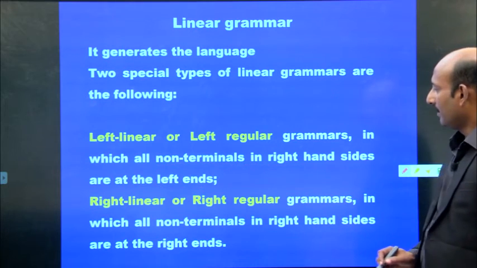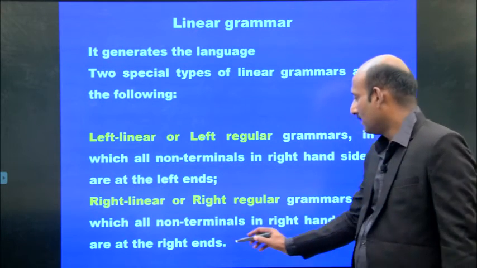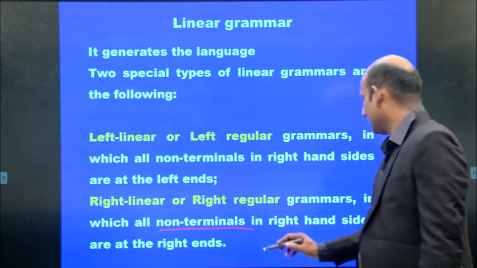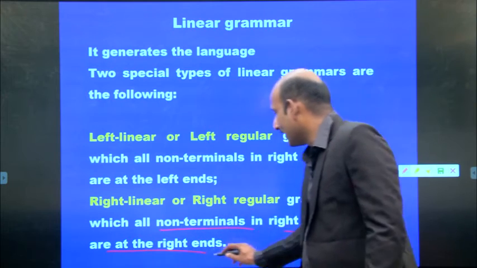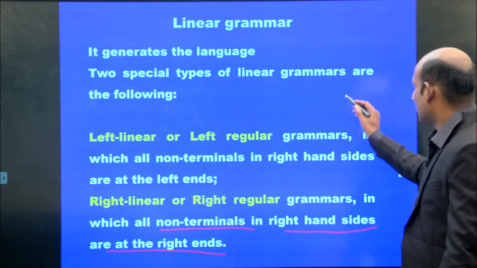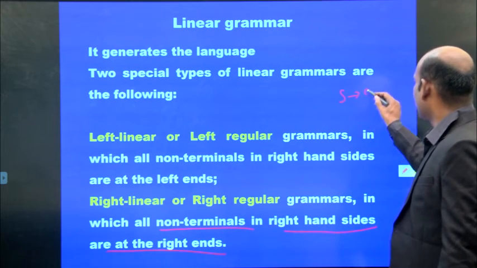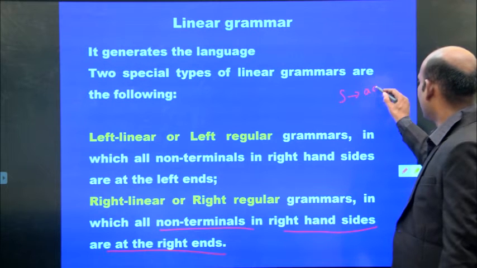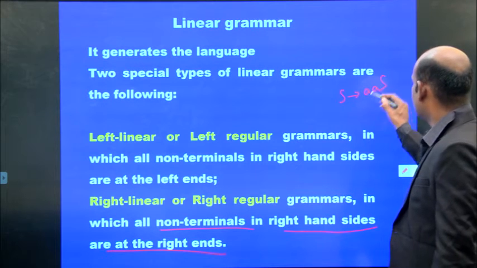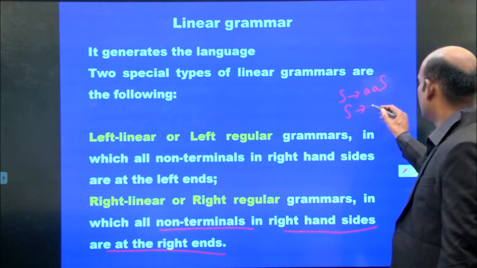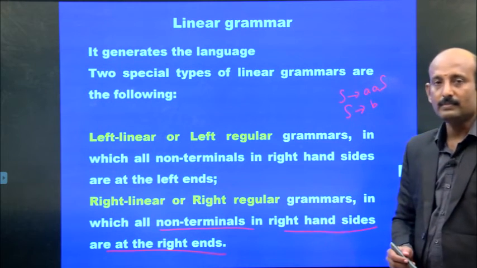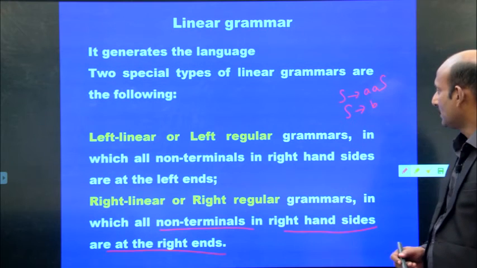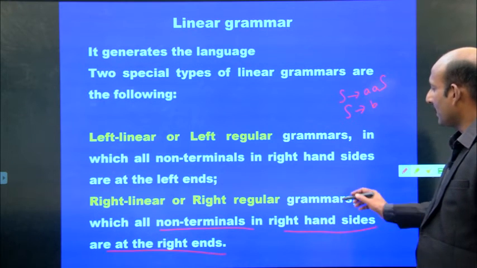Similarly, if we have a grammar where all non-terminals in the right hand sides are at the right ends, for example, S tends to A S, where S tends to B. We can take this example for a right linear grammar.